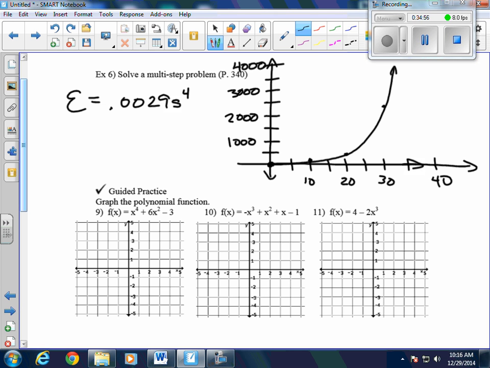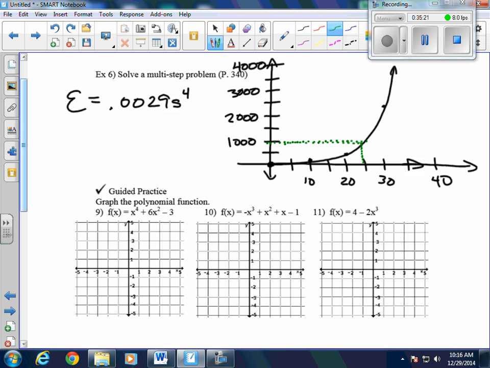Use the graph to estimate the wind speed needed to generate a wave of 1,000 foot-pounds of energy per square foot. So then if you look at that, you're going to go on your graph over to 1,000. And you're going to try to figure out, my line is a little bit crooked here, where that matches up.